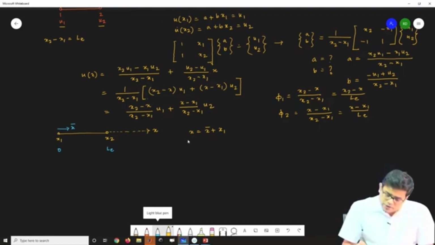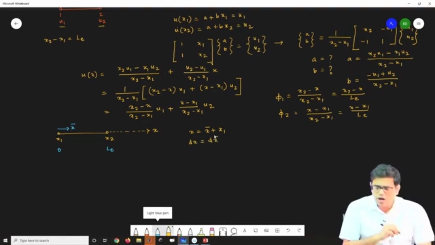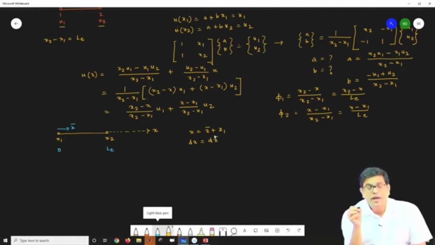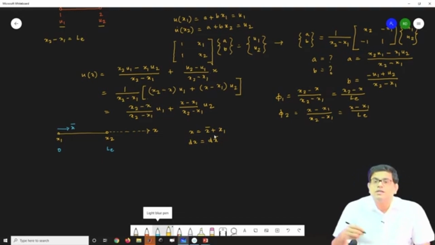Now if I take the differential, I can also write this. There is no x bar here, the constant is 1. So this is simple. This concept is actually extended in the case of a Jacobian, for local and global coordinate systems, in the isoparametric formulation that we will discuss later.